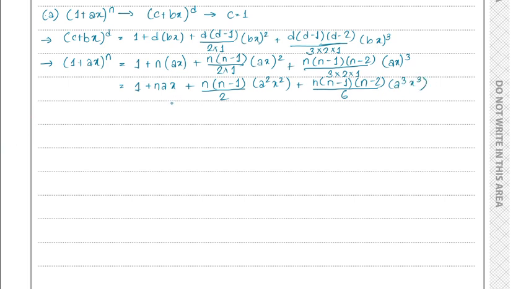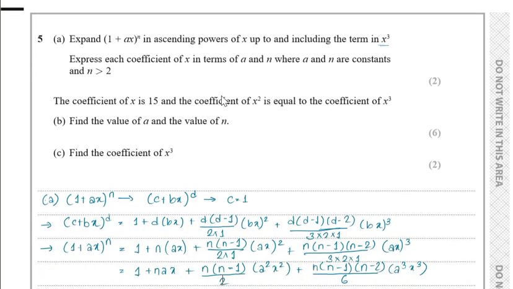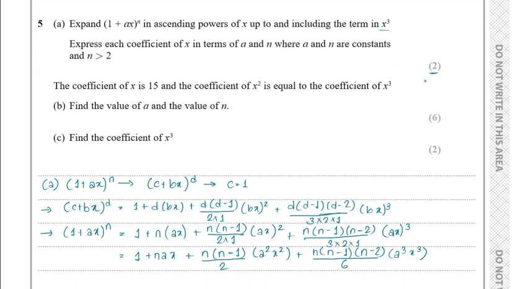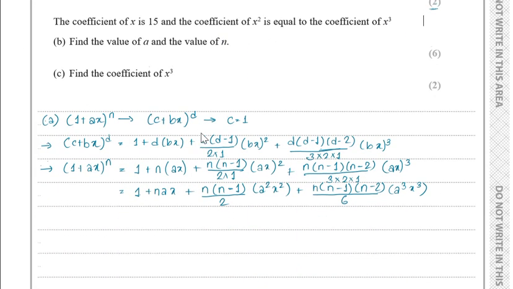So this will be the answer for part A. You don't have to expand this. This expansion will be very long if you do it right now, but you might not need it. It's just a 2 marks question, so you don't need that.